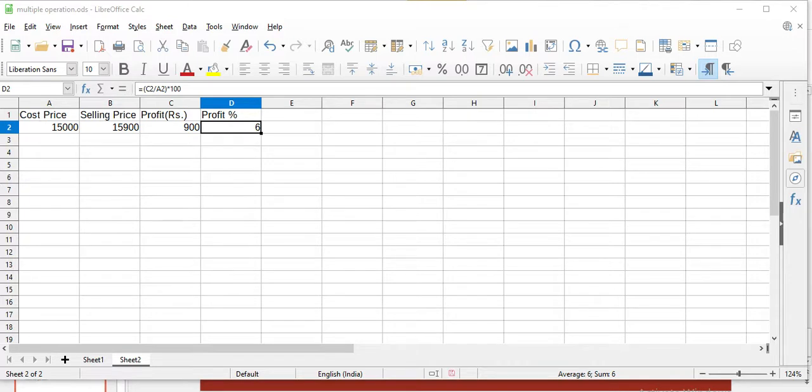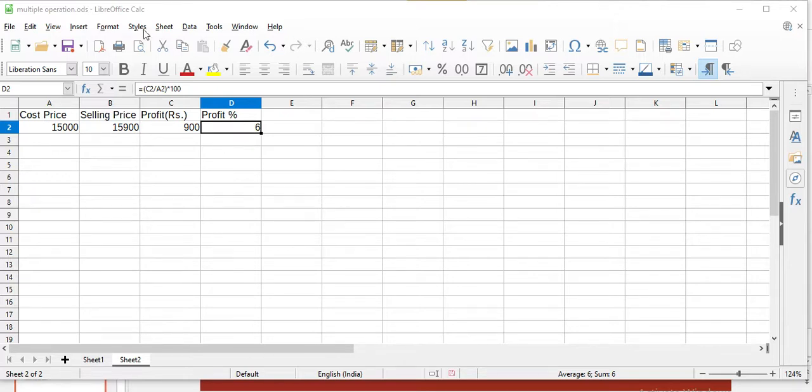Now let's see how we can use goal seek for this. I want to have this profit at 12%. We can change the value of the selling price or the cost price, but as we have already bought the product, we cannot change the cost. So we will change the selling price.